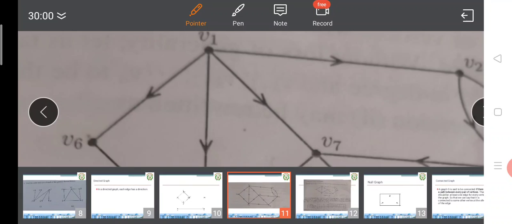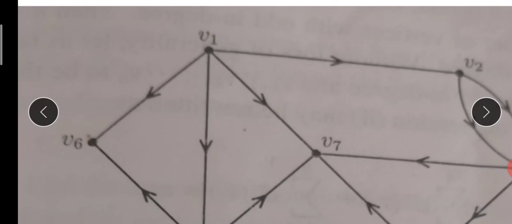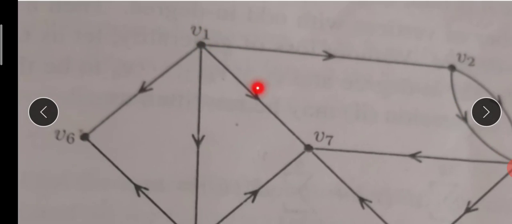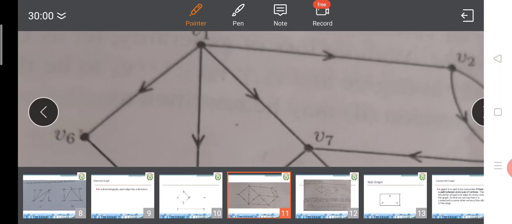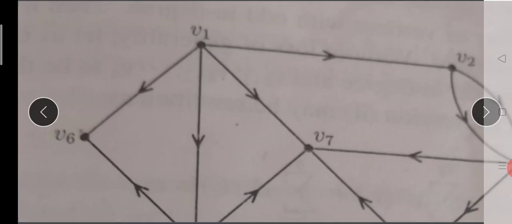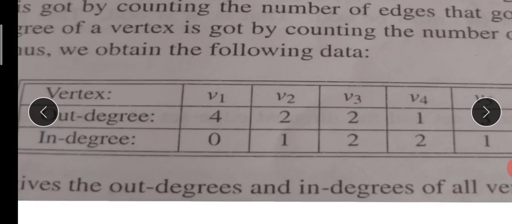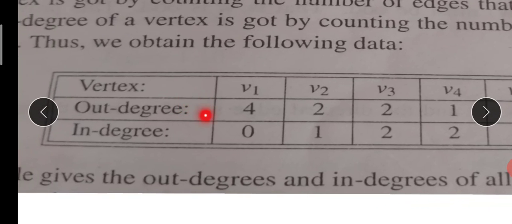Entering is 0, so the in degree is 0. Out degree is how many edges go out from V1: 1, 2, 3, 4. So the out degree is 4. Vertex V1's out degree is 4, in degree is 0.